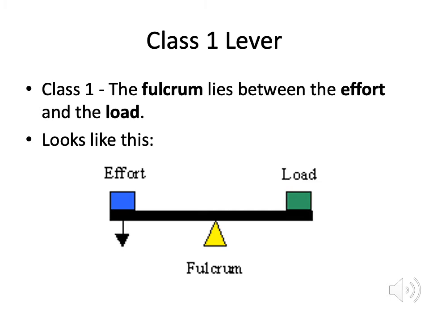So if the load is closer to the fulcrum than the effort is, we are going to require less effort to move the load. So for example, if the load is 10 kilograms and that is closer to the fulcrum, we will have to apply an effort of less than that 10 kilograms to shift the seesaw in our favour.